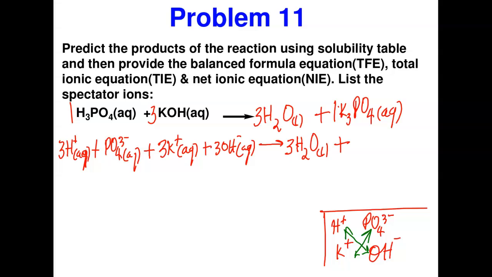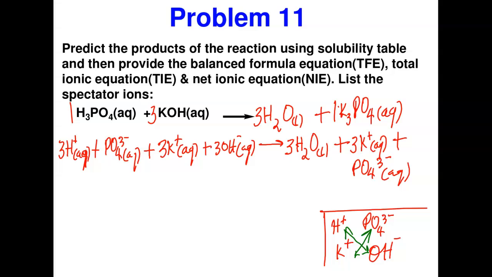So if you still want to use the table, you can, but in an acid-base reaction, you do not have to use the table to do that. Now, we go to the next one. So this is going to break apart: 3 potassium ion aqueous plus 1 phosphate, PO4 3- aqueous. So this is the total ionic equation.